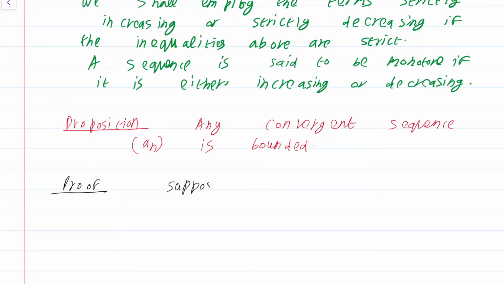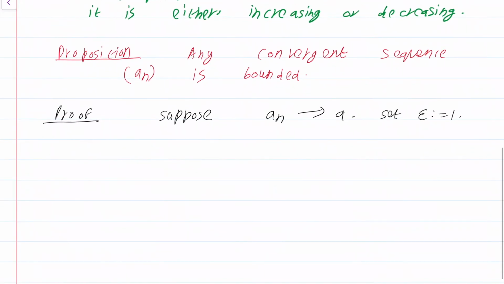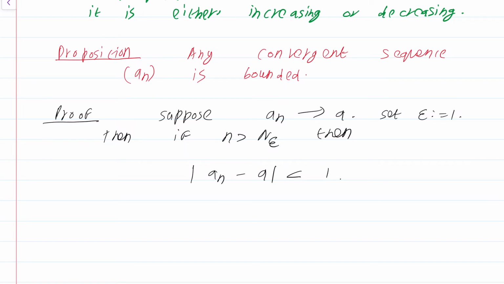Suppose a_n converges to A. Since the sequence is convergent, it must have some limit, let's say A. Set epsilon equal to 1. Then if small n is greater than n_epsilon, then mod a_n minus A is less than 1. That's the very definition of this n subscript epsilon.